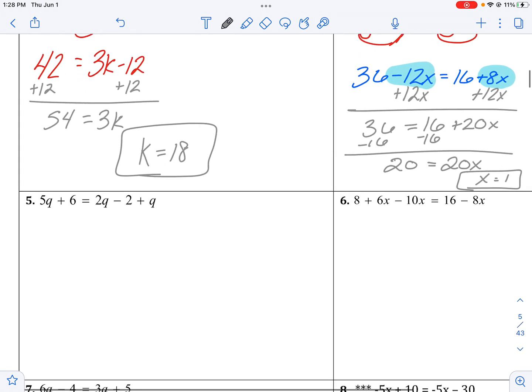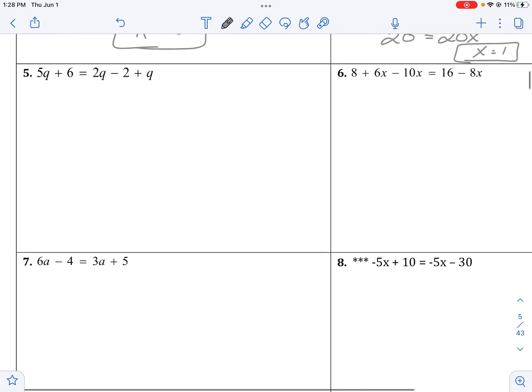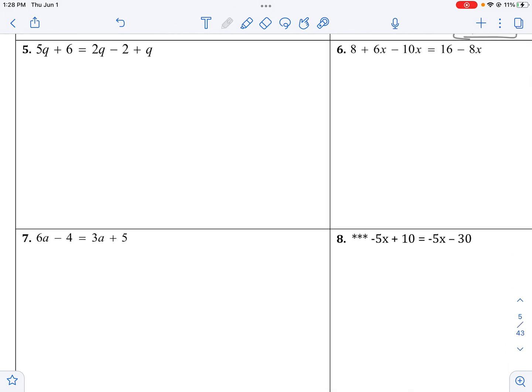All right, 5 and 6, same idea. We're going to try to undo or remove the smaller of the variable terms. But first, I need to combine some like terms. I've got 2q and 1q on that side of the equation, so 5q plus 6, and since they are on the same side of the equal sign, I can just combine them into a 3q.